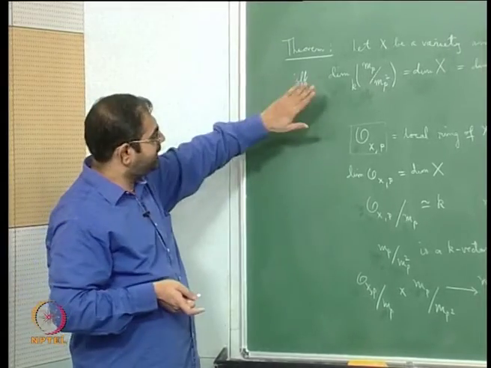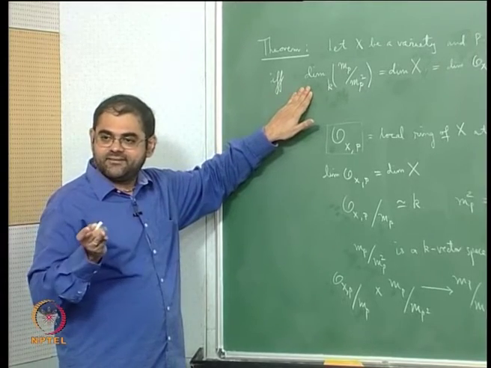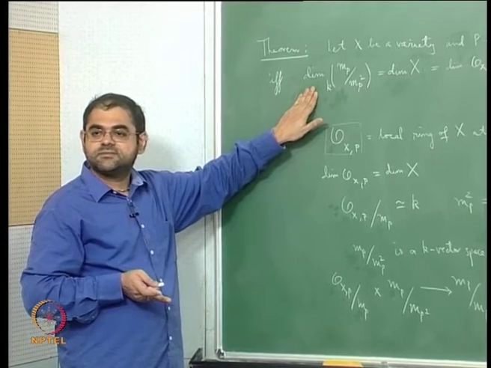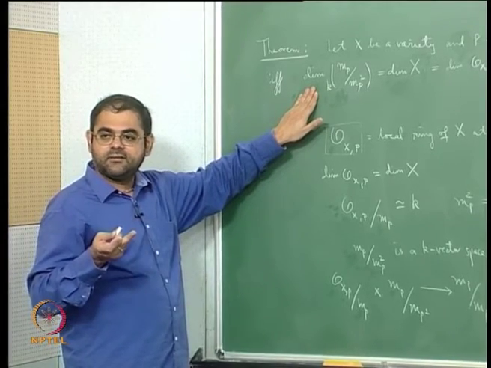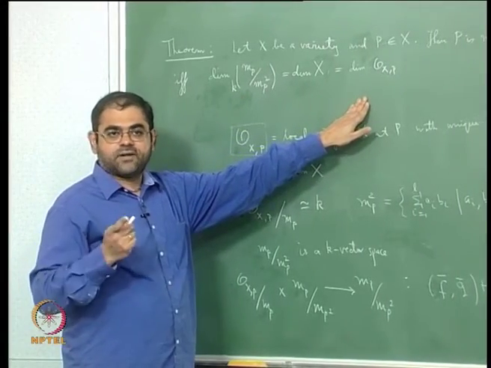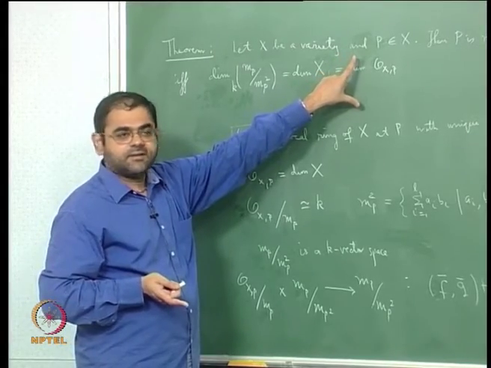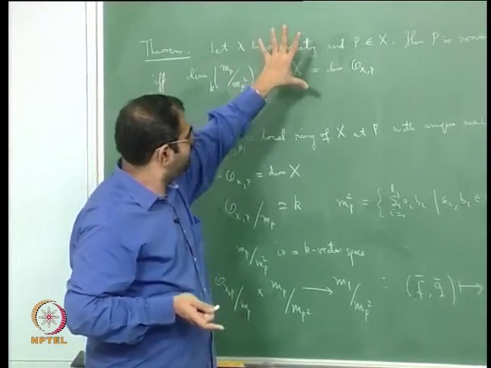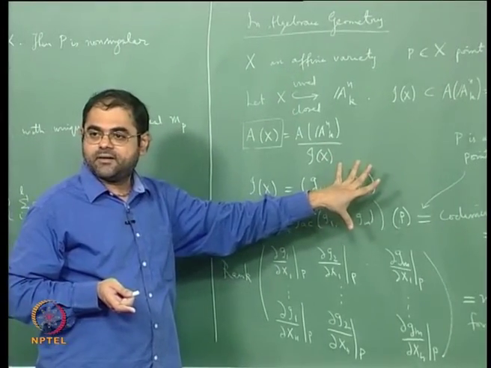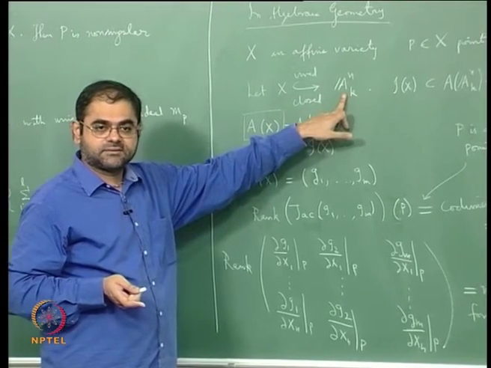But in algebraic geometry all that limit process is not there, and still you are able to capture the smoothness, the non-singularity. The key is local rings. That is one fact. The other fact is that, based on this definition, it is independent of the embedding of X in affine space.